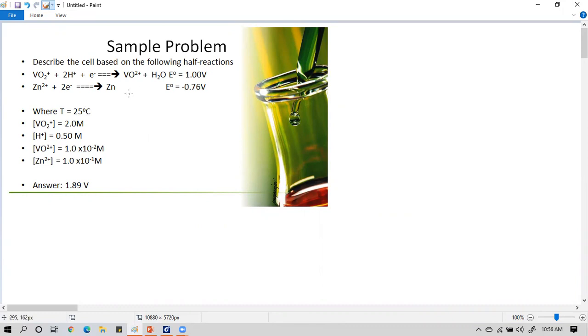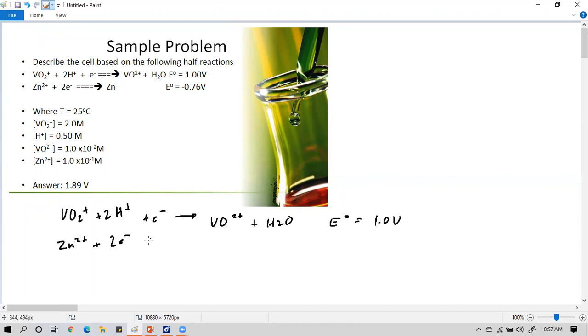balance the pertinent reaction. So, I will just rewrite here VO2 positive plus 2H plus plus electron equals VO2 positive plus H2O or water. E naught is 1.0 volts. And zinc 2 positive plus 2 electrons equals zinc solid.